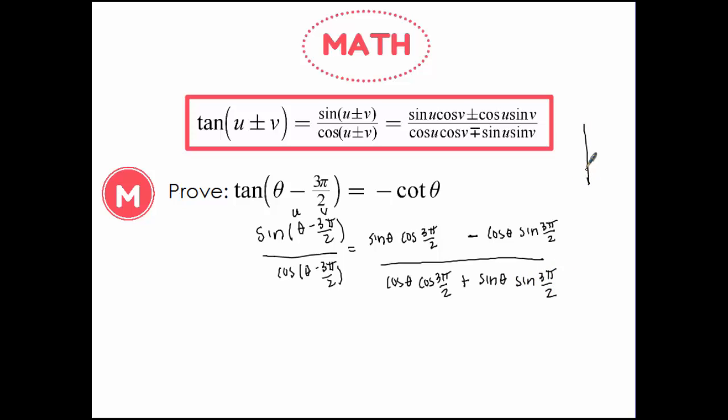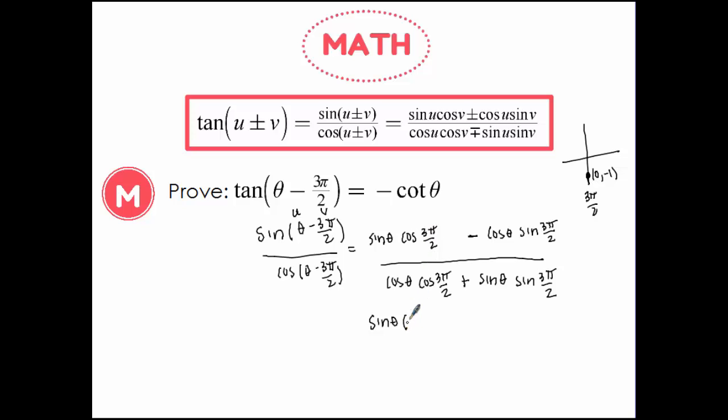And then again, referencing our unit circle, 3 pi halves is down here. When you're at this point, your x value is 0 and your y value is -1, so that's sine and cosine. Cosine's your x value and sine's your y value. So sine of theta does not change.